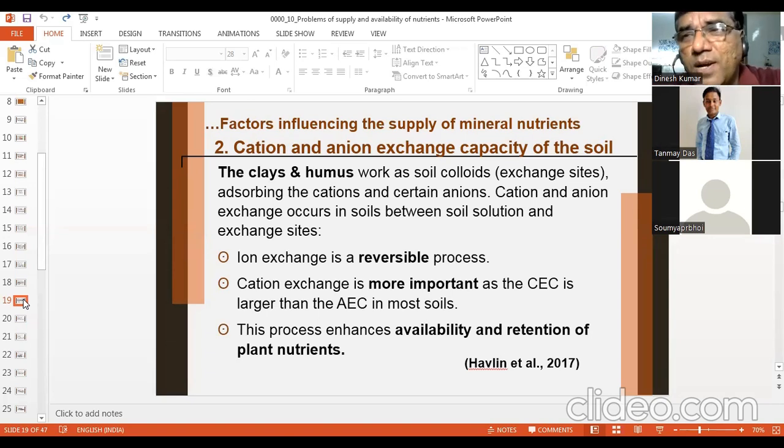What would be the amount of anions that can be held by 1 kg soil in centimoles? This process enhances availability and retention of plant nutrients. Cation exchange is very, very important because with the help of cation exchange capacity, soil can hold ions and increase the availability of the ions or nutrients.